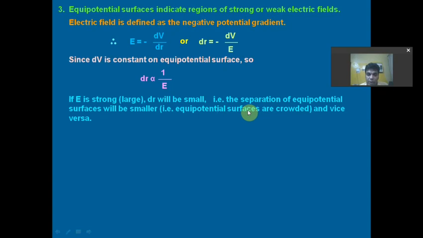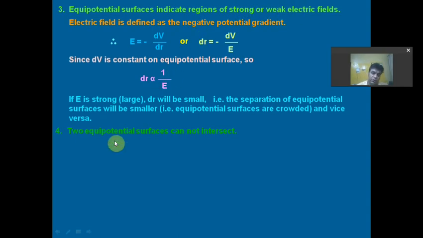In the case of crowded surfaces, there will be a strong electrical field, and if there is no crowd, or the equipotential surfaces are far away, that means there will be a smaller electrical field. A smaller electrical field means a weaker electrical field. So we have proved equipotential surfaces can act as regions of strong or weak electrical field.